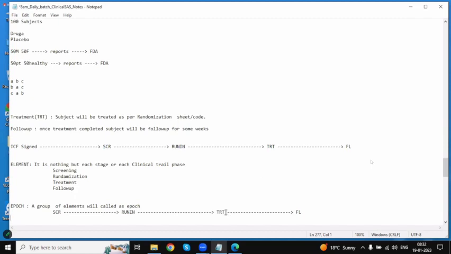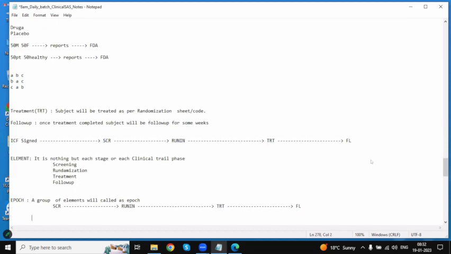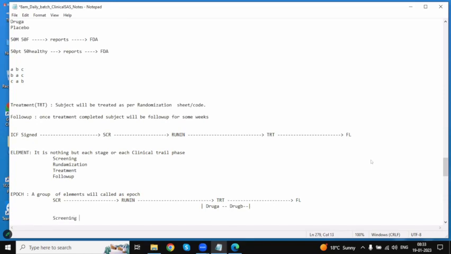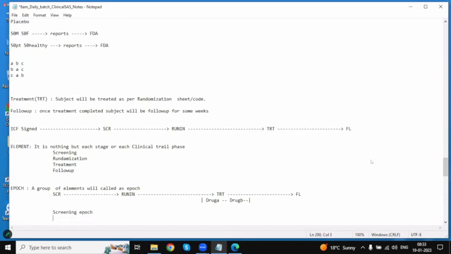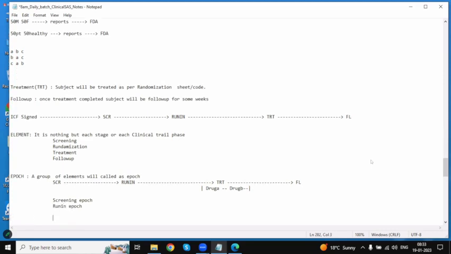Sometimes in this treatment stage, he may not take only one treatment. Let us assume he's taking drug A and drug B, two drugs. So it's going to be your screening epoch, a randomization epoch. When it comes to treatment epoch, which treatment is it, a drug A epoch or drug B epoch?